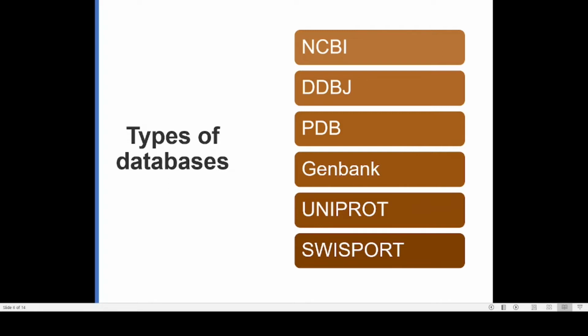Now, if you take this database and go to nucleotide, here you can find there is an area called nucleotide. And here if you put insulin, then immediately it will bring a lot of information about the different types of insulin.